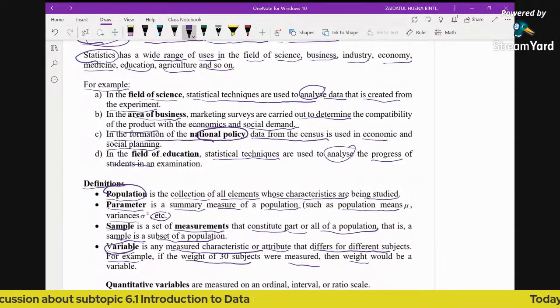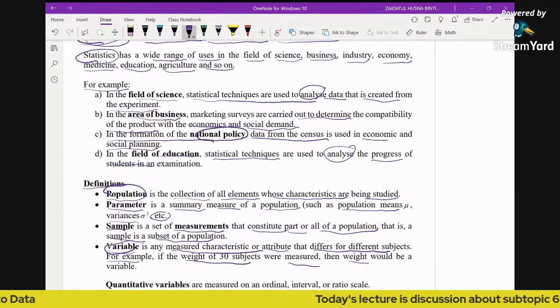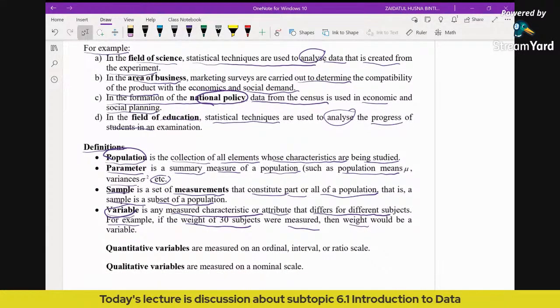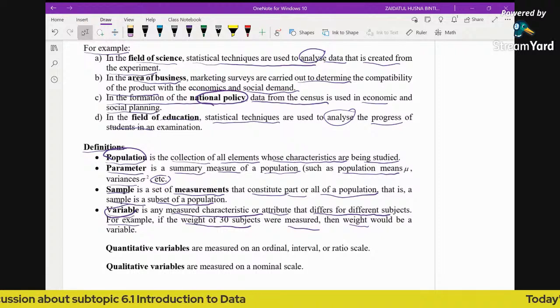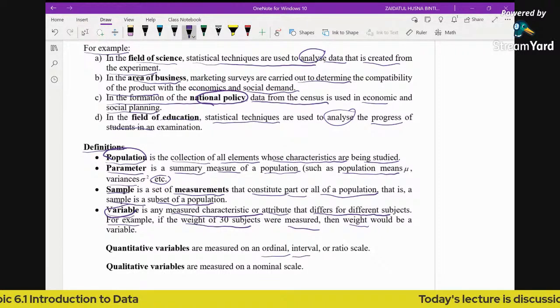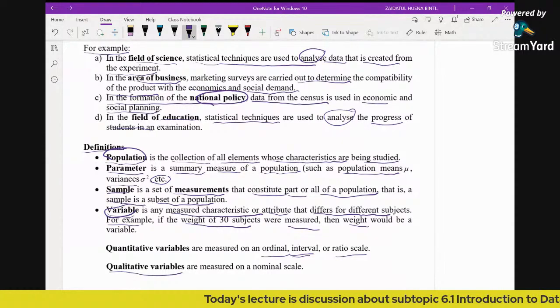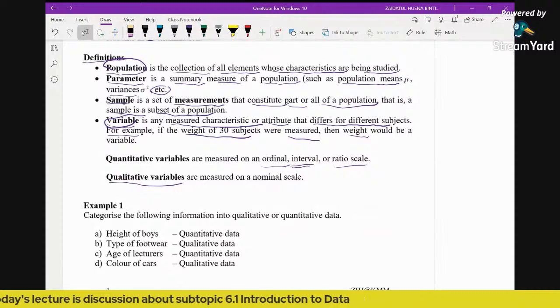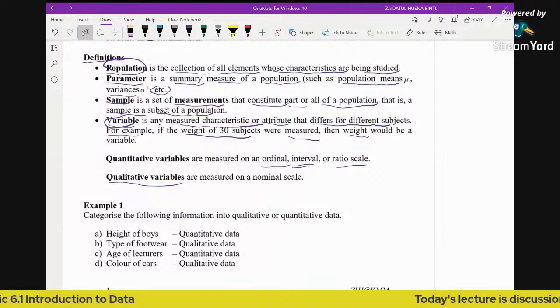And we do have two types: either quantitative variables or qualitative variables. Quantitative variables are measured on an ordinal, interval or ratio scale, while qualitative variables are measured on a nominal scale. So quantitative, we deal with numbers, something that you can measure, while qualitative is something that you can observe. You cannot use numbers to represent them.